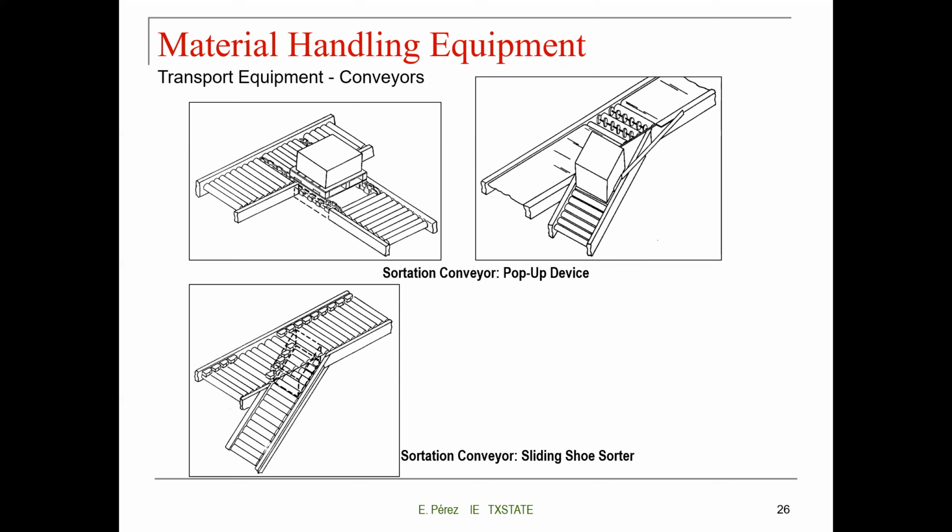Again, it will depend on the needs. Sometimes you have sensors in these conveyors and they will read some type of code on your boxes. When you receive packages from Amazon, you see different codes on top of the box, on the tape. That information is used for sortation purposes.